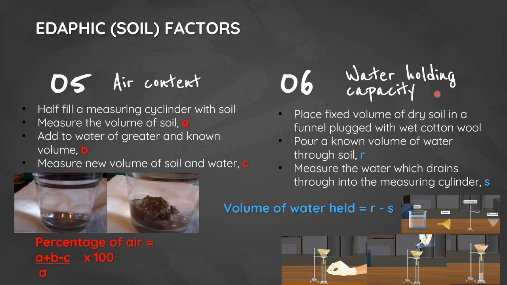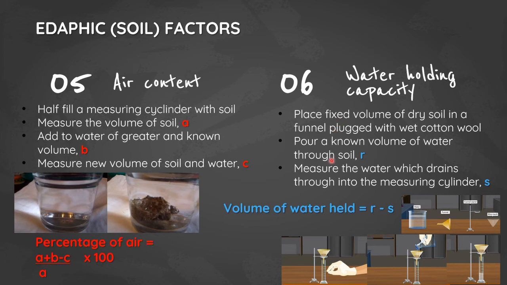Water holding capacity. So we can place a fixed volume of dry soil in a funnel, like so, with a wet cotton wool. We will then pour a known volume of water through the soil, and we call that R. So say we pour 50 mils of water through the soil. We then measure the water that drains through the funnel into the measuring cylinder, and say this volume was 25.